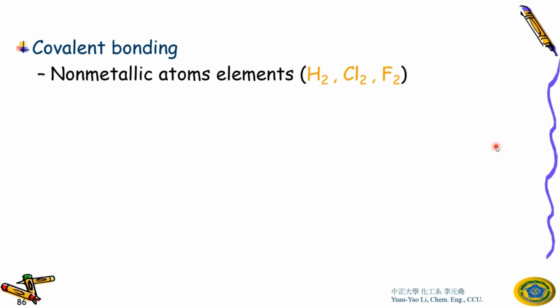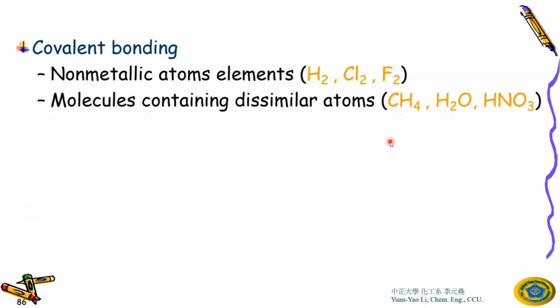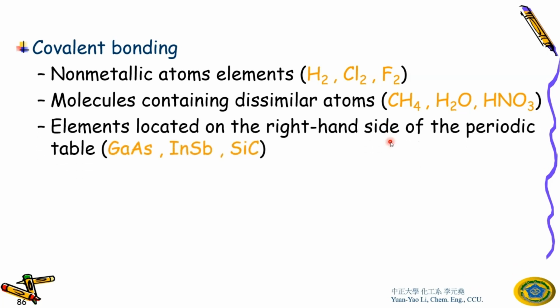Okay, so covalent bonding is normally between non-metallic atomic elements like this, and molecules contain dissimilar atoms. These elements are located on the right-hand side of the periodic table. Most of them are located on the right-hand side of the periodic table.